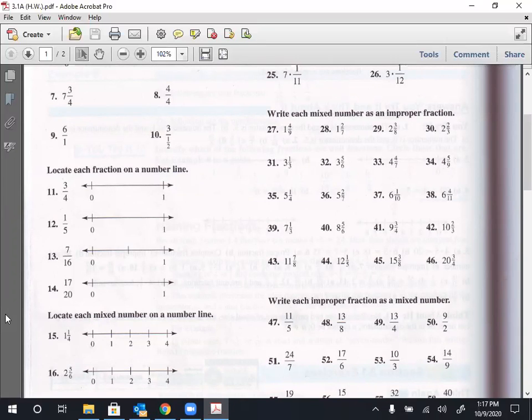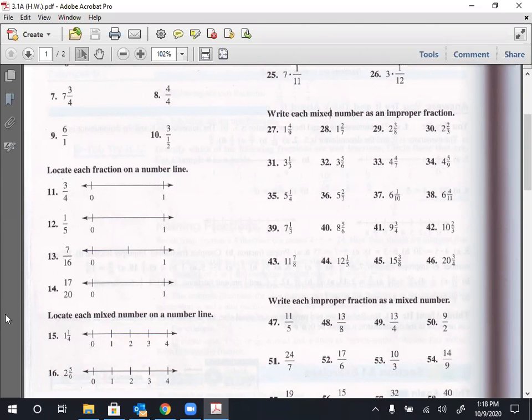How many are we going to add? You're looking at question 36. So 5 and 2 over 7. So 7 times 5 was 35, and we add how many more? No. You multiply the denominator, which is 7, by the whole number, which is 5.